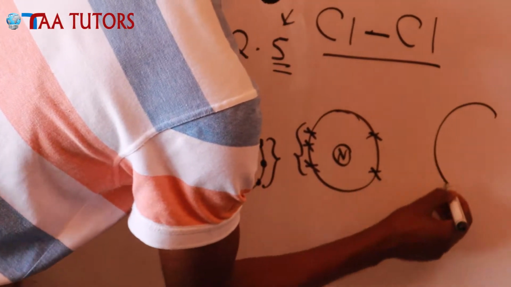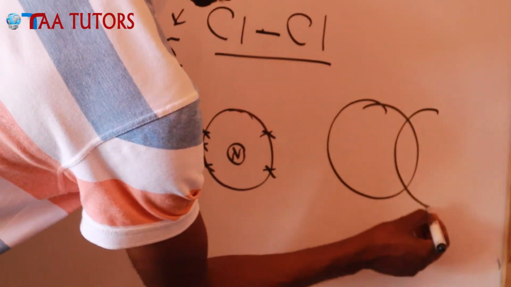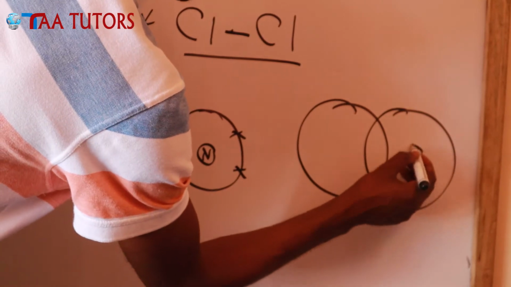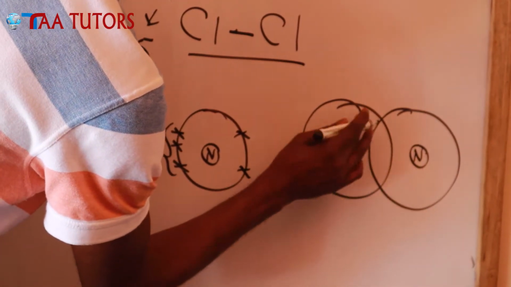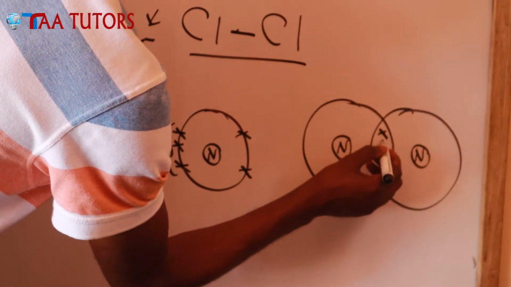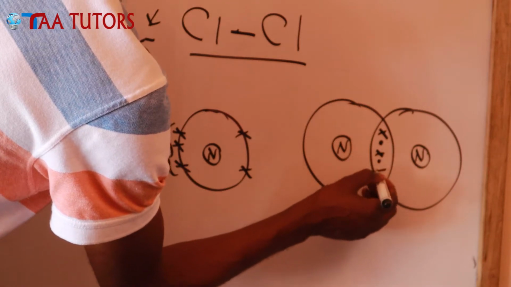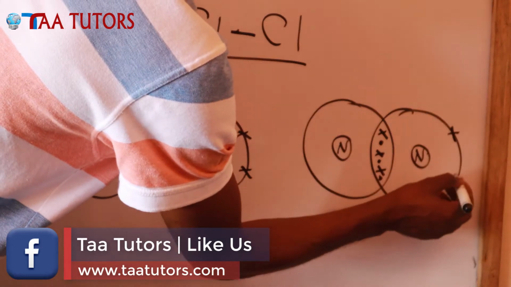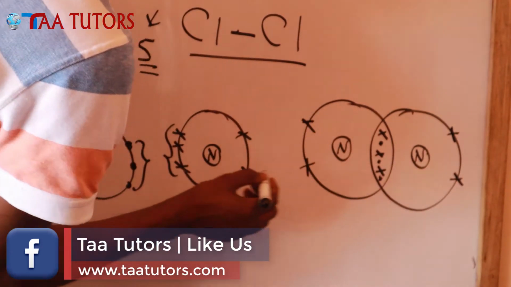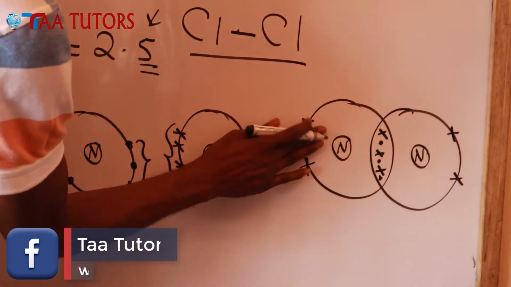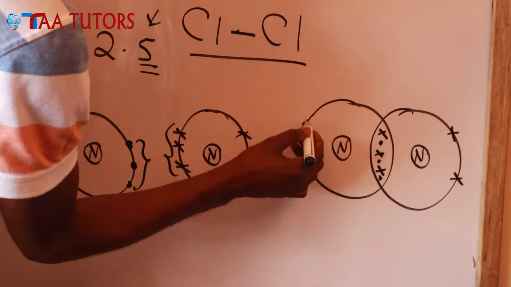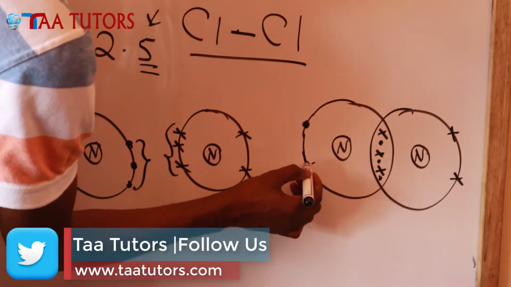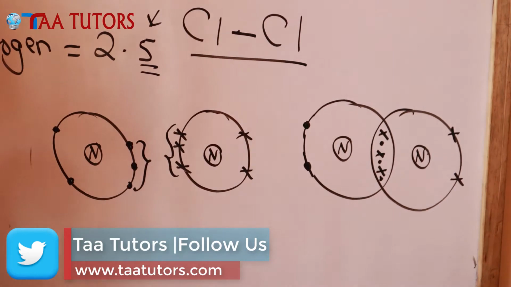So if I draw the atoms together, it will be arranged in this particular manner. This nitrogen here, we'll have dot cross, another dot cross, another dot cross there. And then we have 2 electrons outside. The dot is for this other one, so we should have a dot here. You see that?